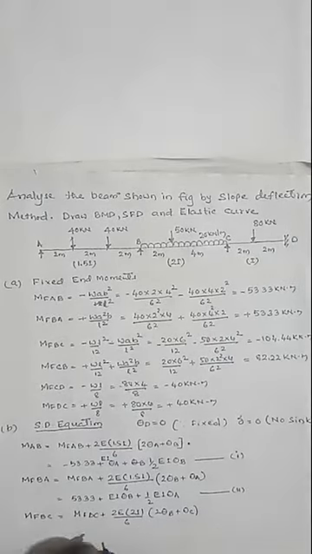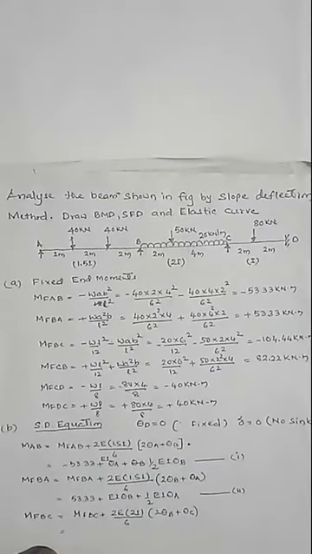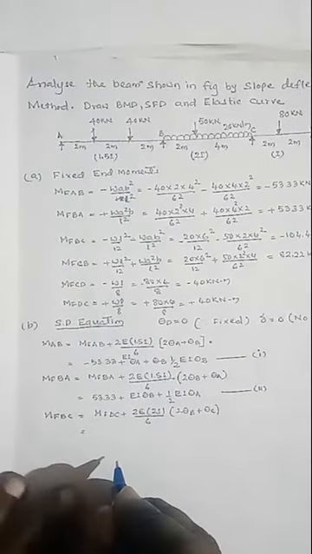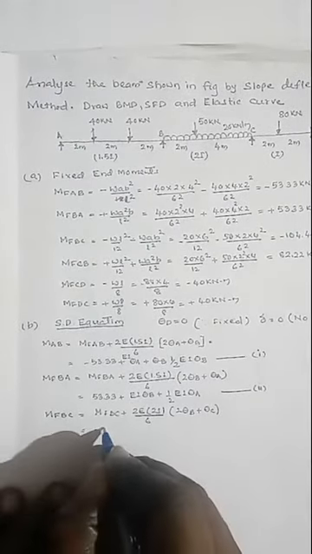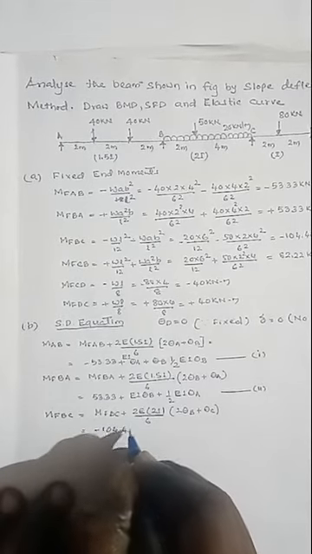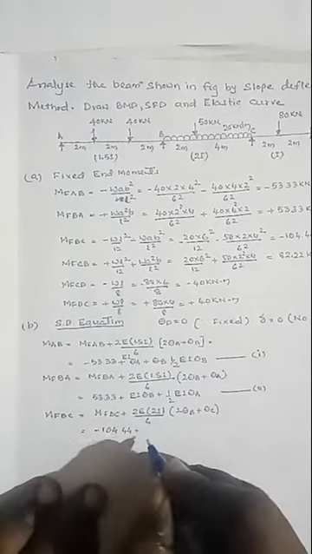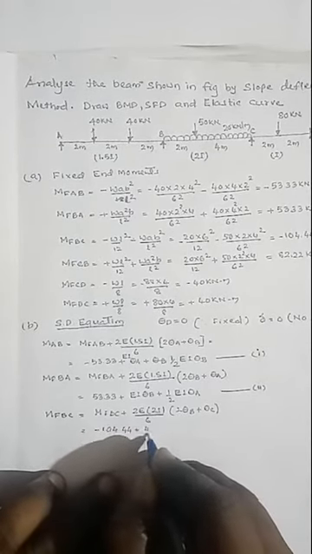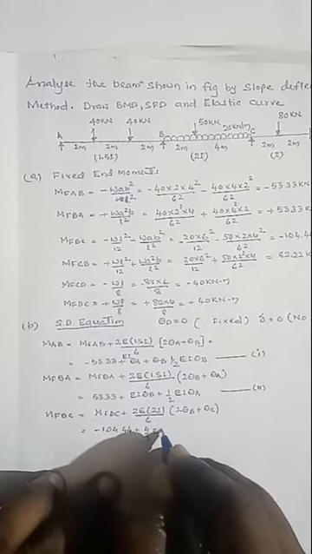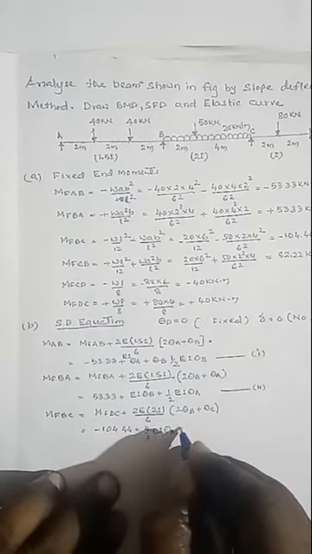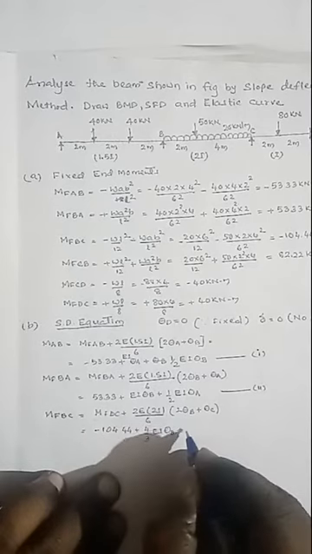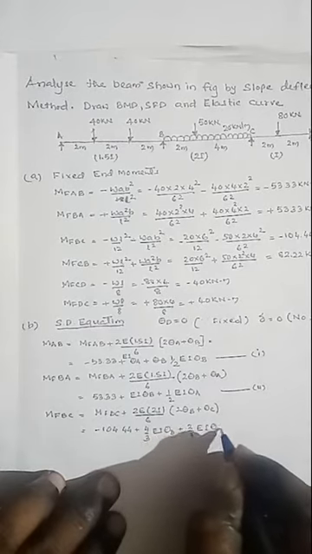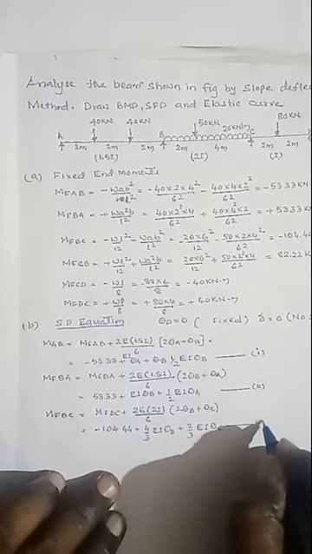Substituting the values, MFBC is minus 104.44 plus 2 into 2, 4 into 2, 8 by 6, that is 4 by 3 EI theta B, plus 2 into 2, 4 by 6, that is 2/3 of EI theta C. This is the third equation.